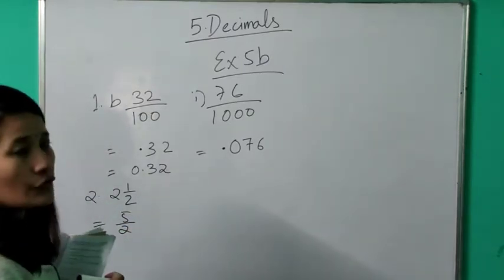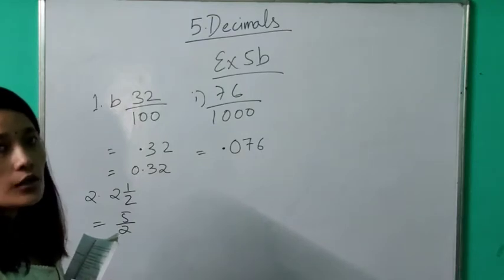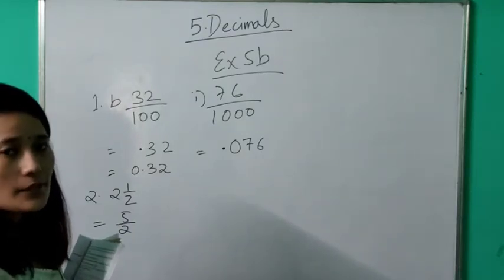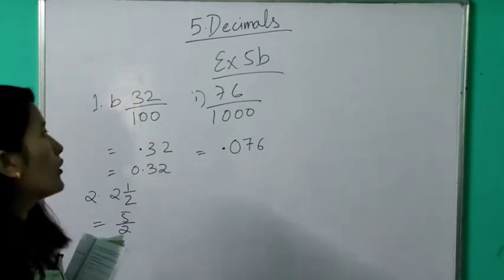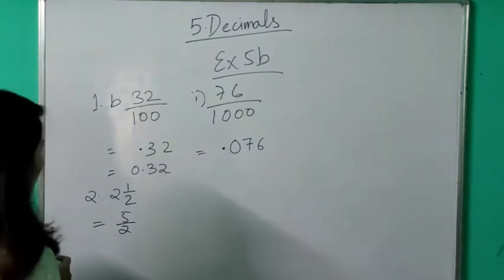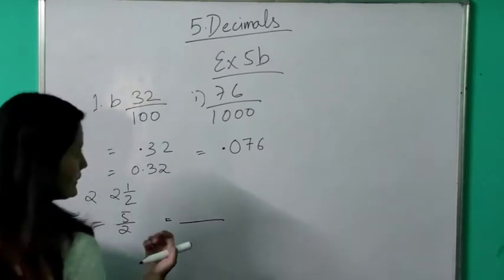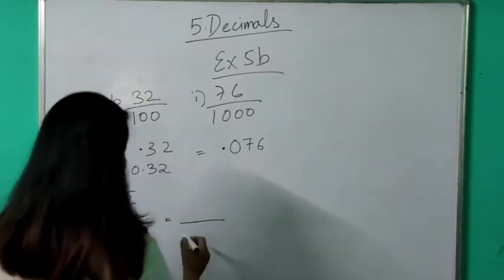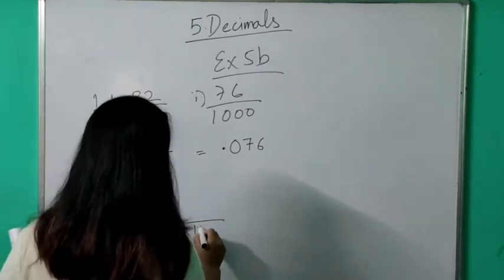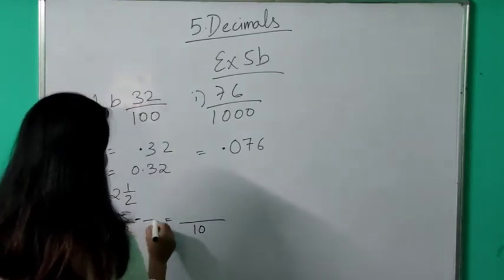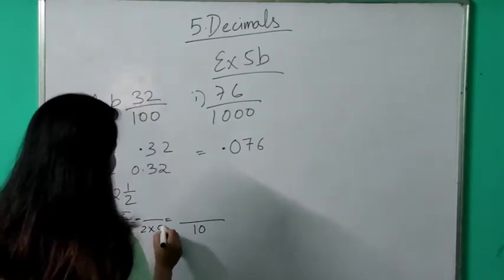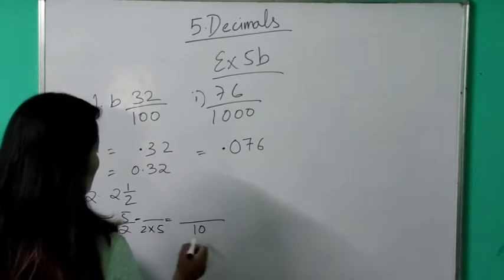Let's convert this fraction into a decimal fraction so that it becomes easier for you to find the decimal. Decimal fraction means making sure that your denominator is either 10, 100, 1000, that means multiples of 10. So 10 here. If you multiply 2 with 5, you get 10.